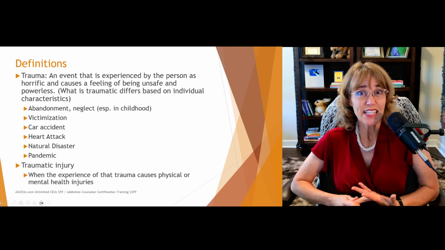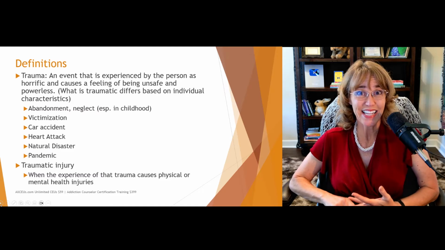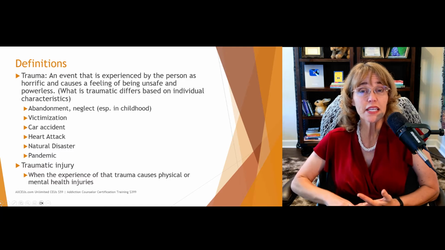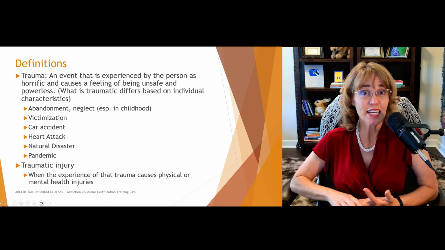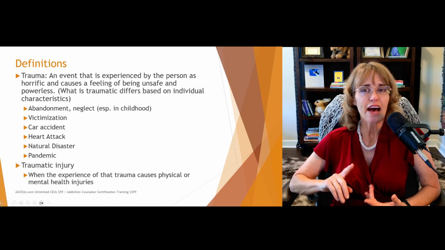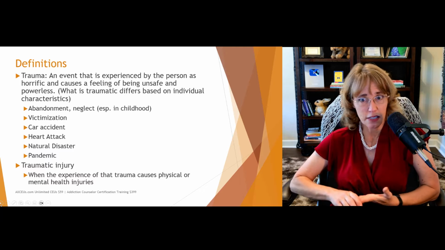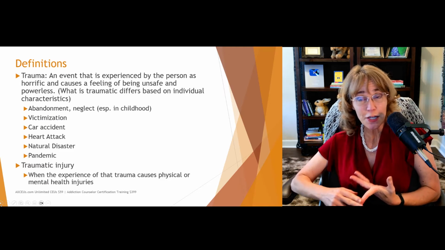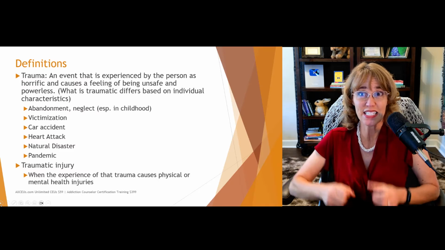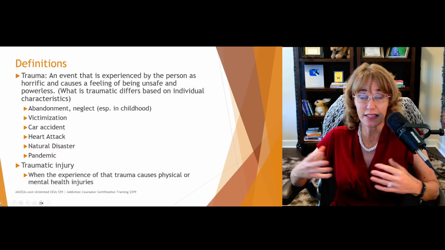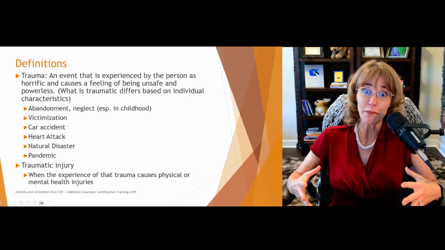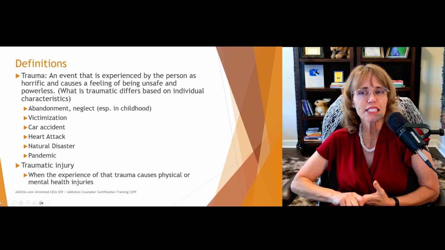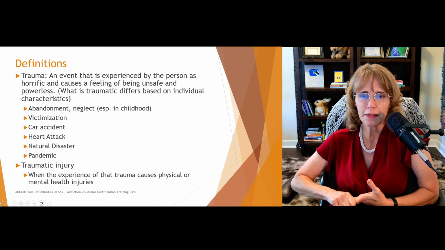Somebody else may have that same car accident and be terrified to get back in the car, feel completely powerless and unsafe in the car. Having a heart attack. That's really scary, and that's traumatic, not only for the person having it, but the people around them, because it's sudden, it's unexpected, and yeah, you're kind of powerless at that moment. Natural disasters and pandemics are other examples of things that can cause trauma.